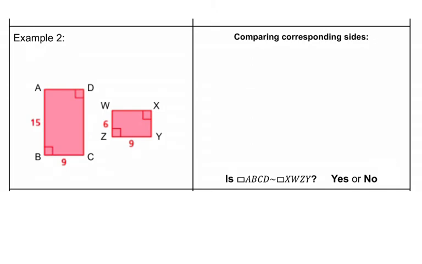Example 2. So here we have rectangles. And the question is asking, is rectangle ABCD similar to rectangle XWYZ? So let's start with AB and compare it to side XW. We might need to fill in some numbers here. Remember, opposite sides of rectangles are equal.